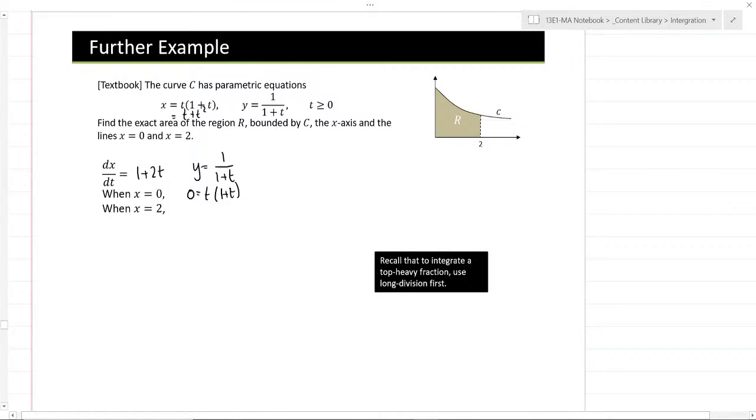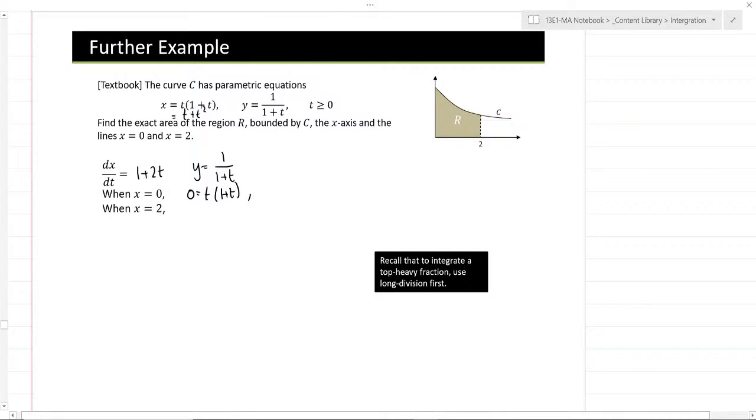Now, usually in the question, they tell you that t is greater than or equal to 0. It's not necessarily always the case, okay? They would usually tell you this. Oh, it does, literally there. So it tells you that t is greater than or equal to 0. So in which case, we know we've got two solutions. One is equal to -1, but actually the other one is equal to 0.